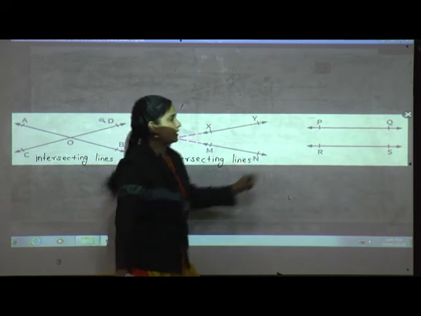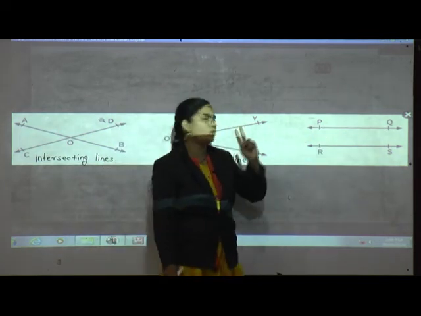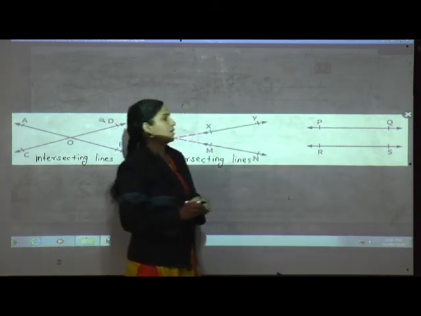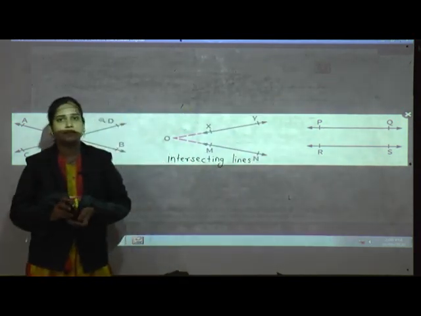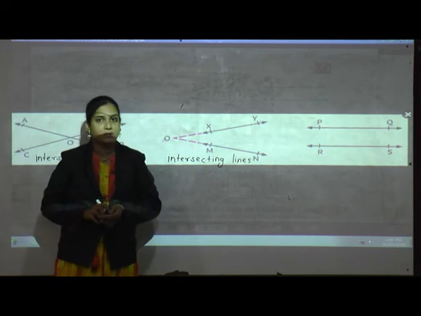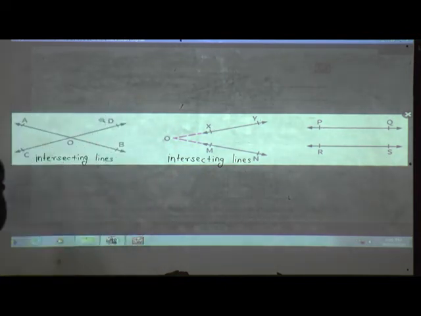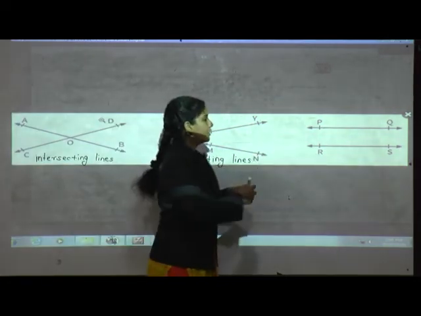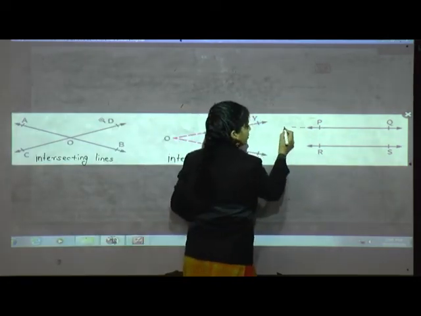Now see this one. Here also two lines, line PQ and RS. Are they intersecting lines? No, because they are not intersecting each other. Even if we extend these two lines, they are still not intersecting each other.